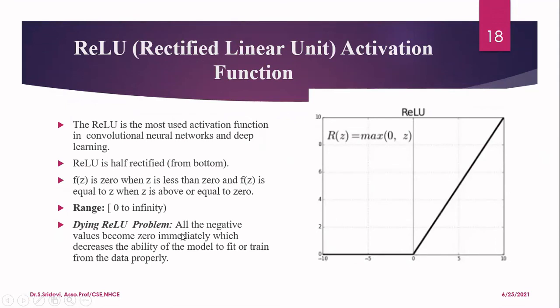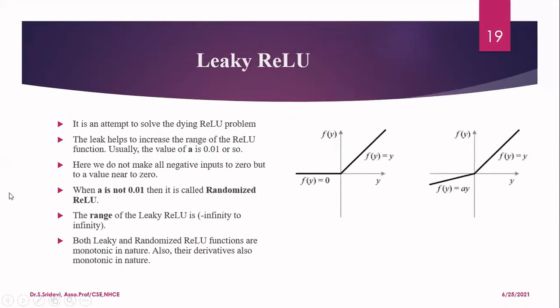For that, they have given another activation function called leaky ReLU. This is the previous one, the ReLU function, where the output is linearly proportional to the input, or otherwise it is 0. We have seen the disadvantage: for negative values, it suddenly comes to 0.